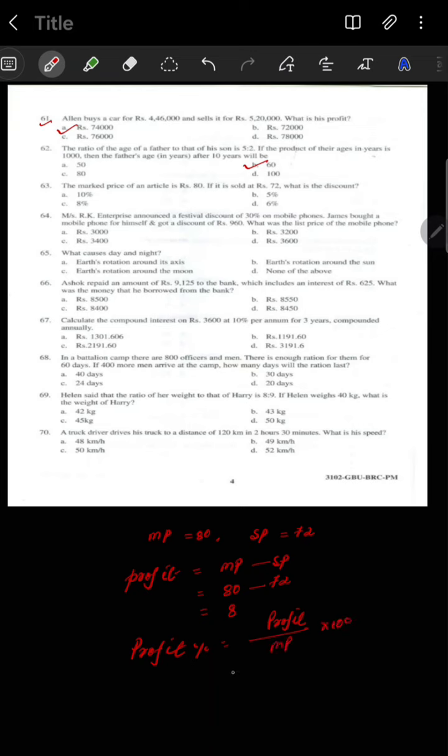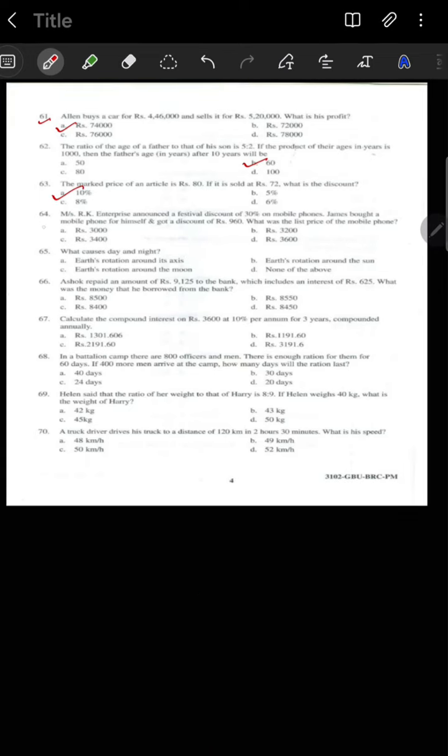If you put the values here, discount is 8, and then market price is 80, then into 100. Then if you simplify 8 and 80, it is 10 times. Then 10 and 100, if you cancel, it will go 10 times. So it means 10%. So if you see here, option A is your correct option.